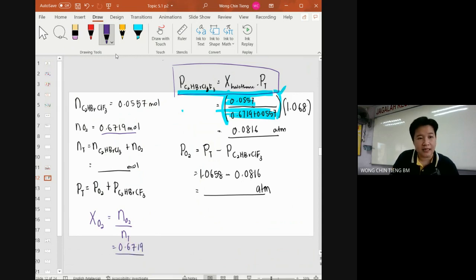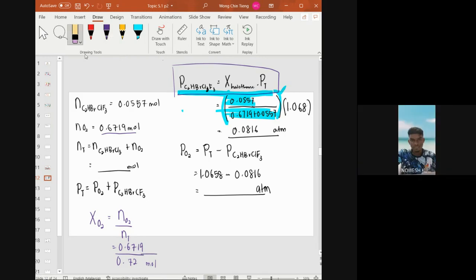The number of mole total that you have added, you have 0.7276. My N total is what? 0.7276. Correct?